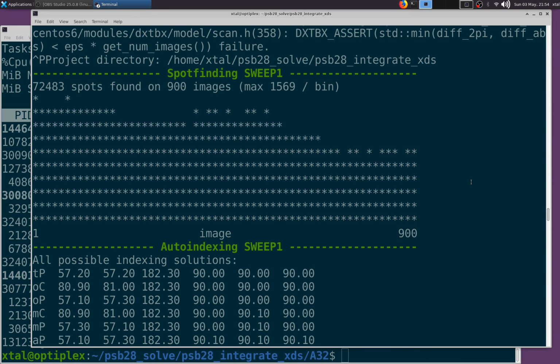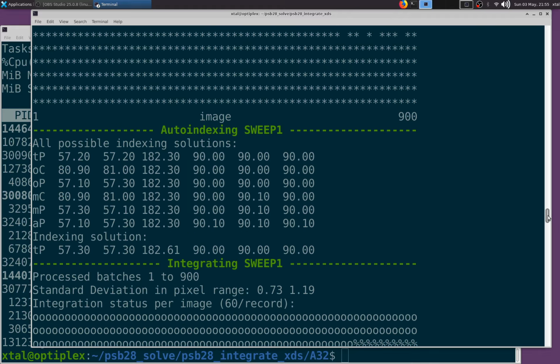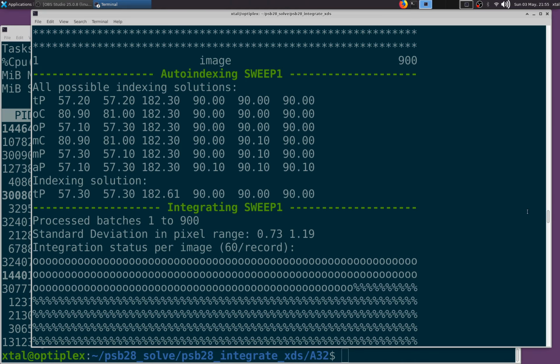So first of all, it looked at all of the images and found spots on them and used which of these stars and used them to integrate to index, which is to determine the 3 angles and 3 unit cell axes lengths, and then it applied that and integrated.